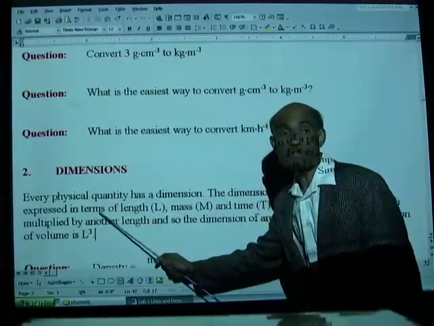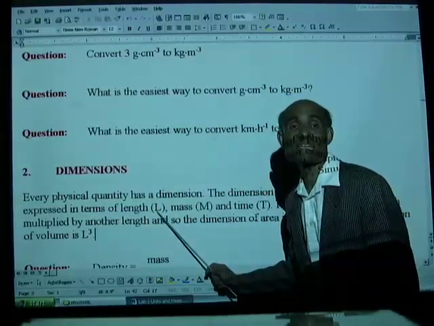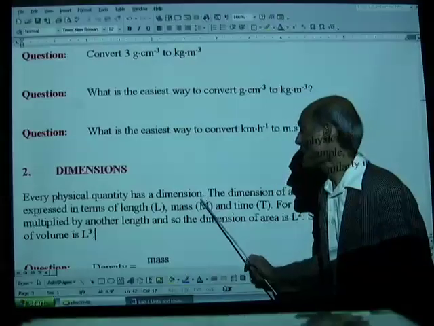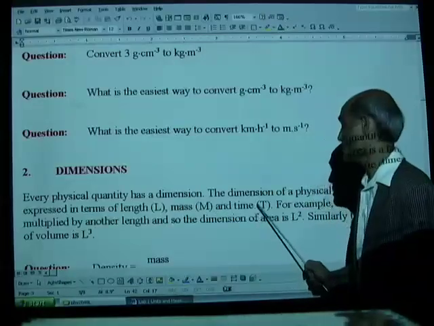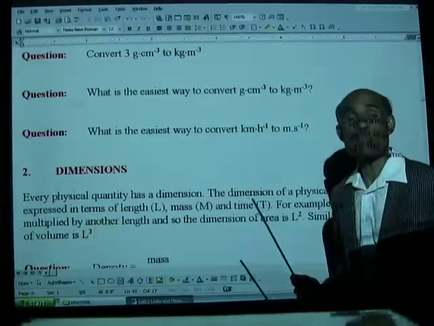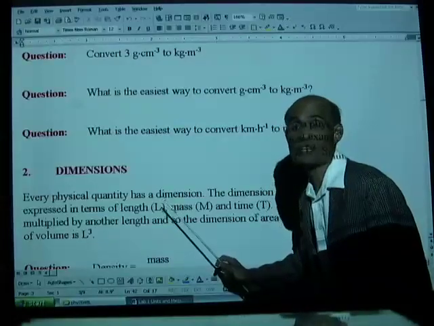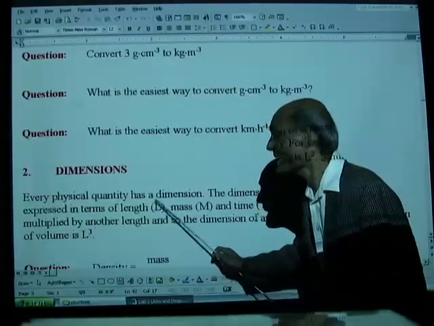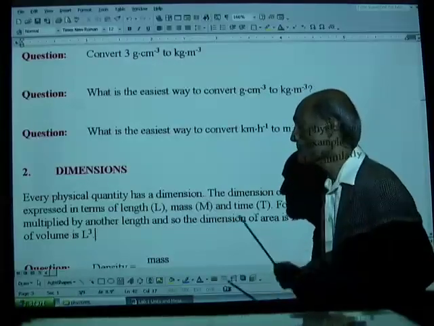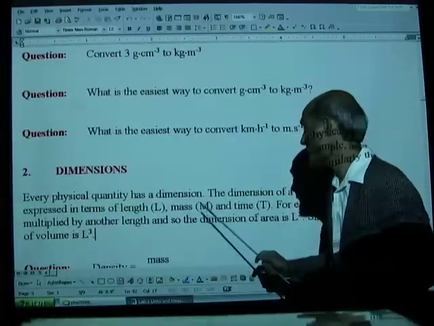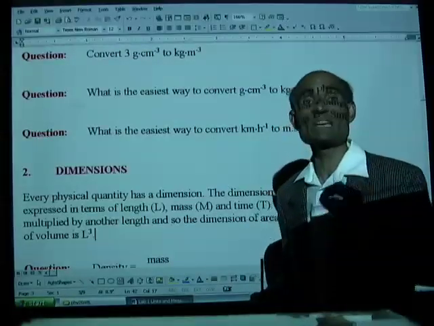Well, the dimension of length will be expressed using uppercase L. And the dimension of mass is uppercase M. The dimension of time is uppercase T. So don't confuse these with the units. The dimension of length, we use uppercase L. The dimension of mass is the uppercase M. The dimension of time is the uppercase T.